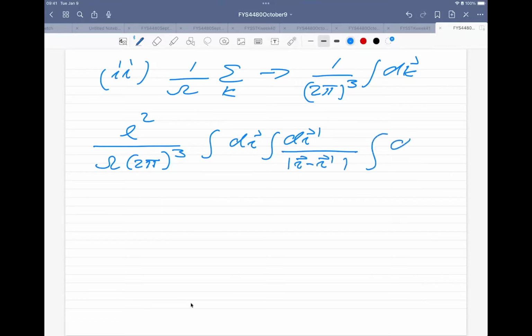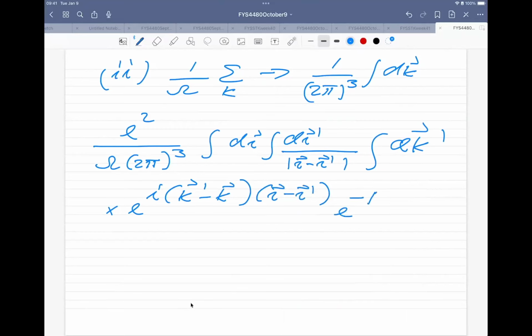Then I have an integral over dk prime, multiplied with e^(i(k' - k)·(r - r')). And then I have this convergence factor where I'm going to let mu go to 0. So that's the integral I'm going to evaluate.